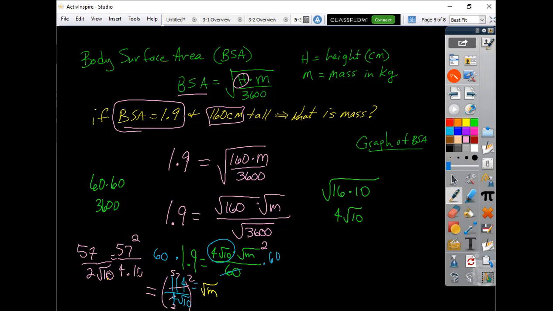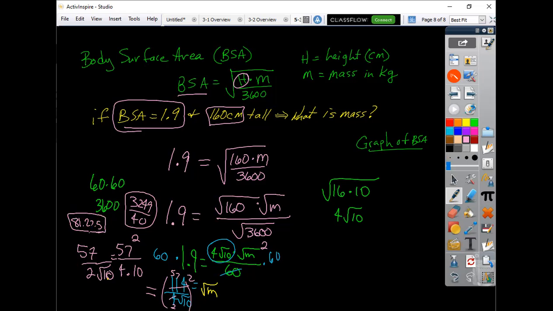So 57 squared over 40, 3249 over 40 if you leave it like that, which is 81.225.